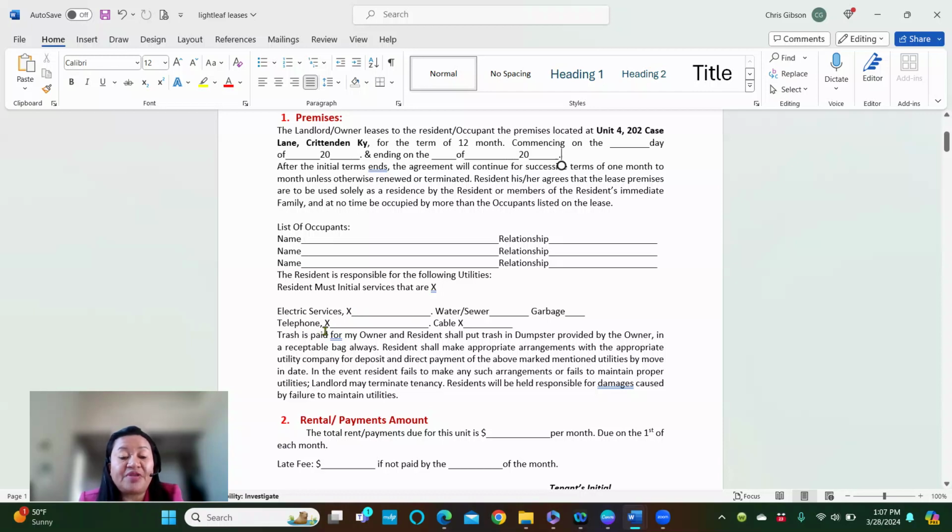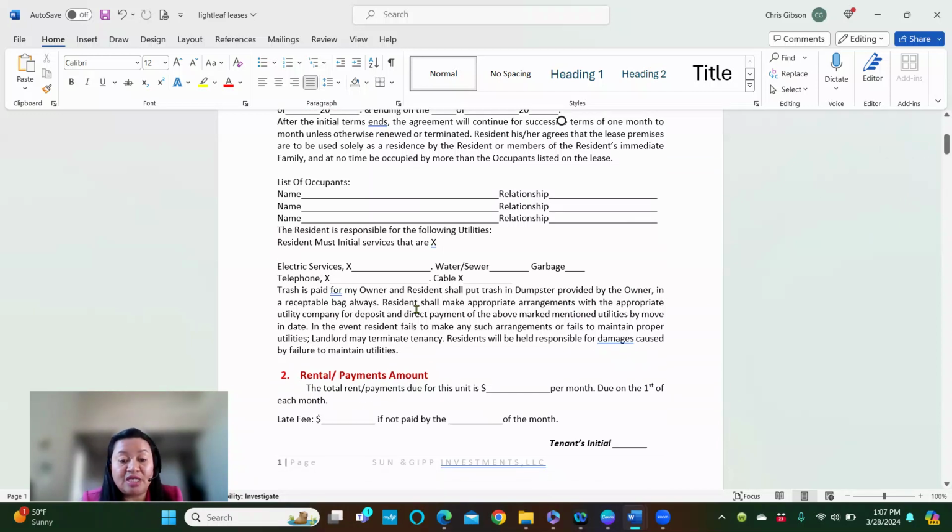And for example, if they have a telephone and would like to put a telephone, put initial here, and also for the cable. We also have rules about how they put the trash in the dumpster. Our rule here is to always put it in bags before putting it in the dumpster.